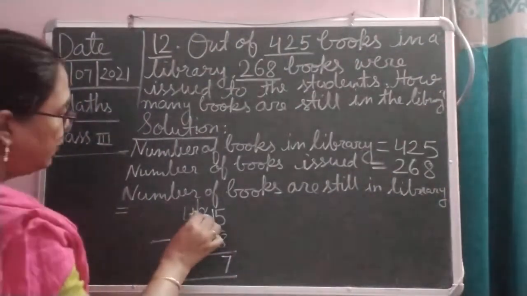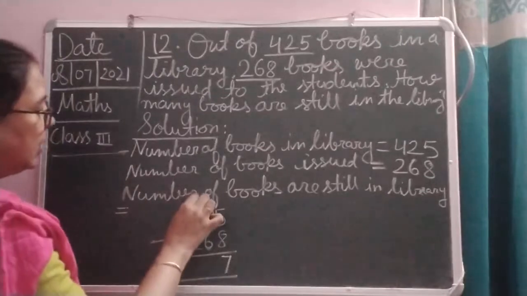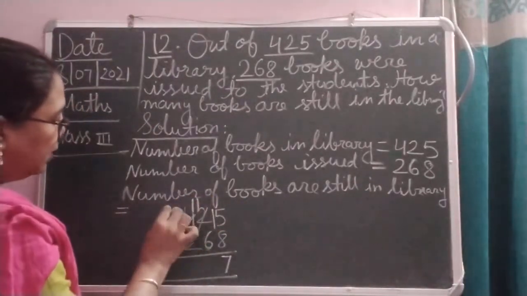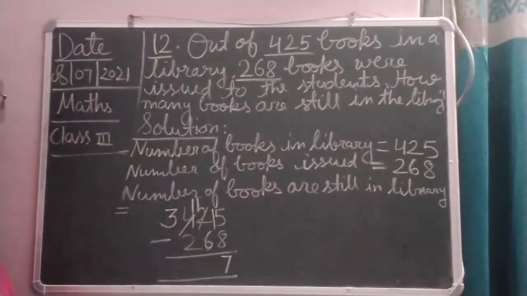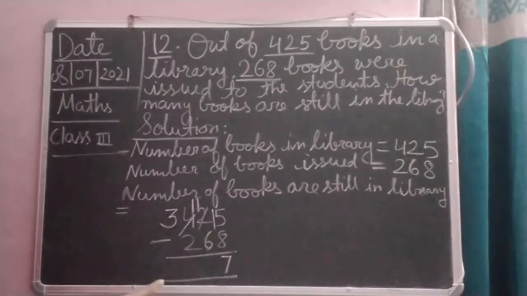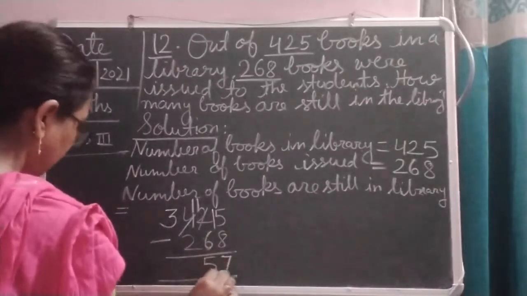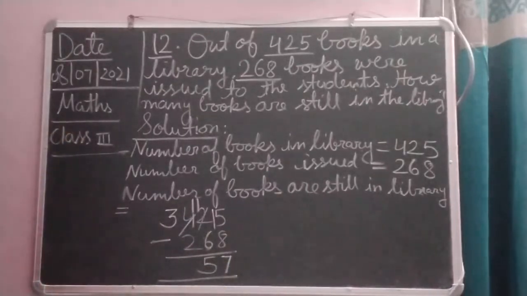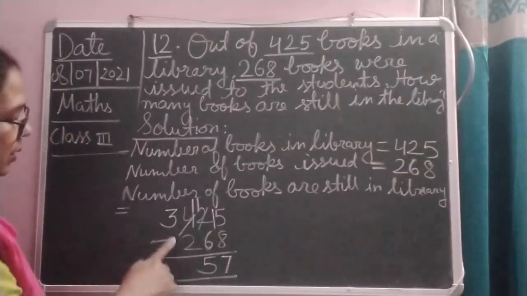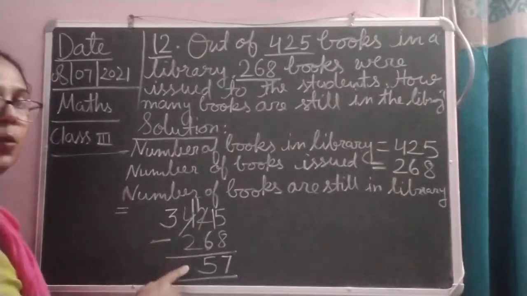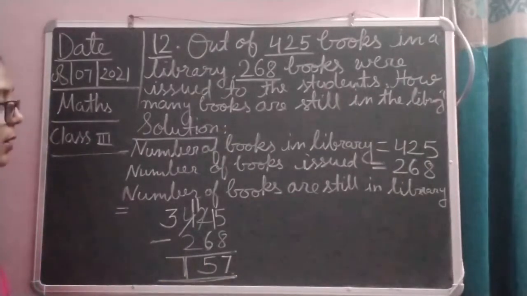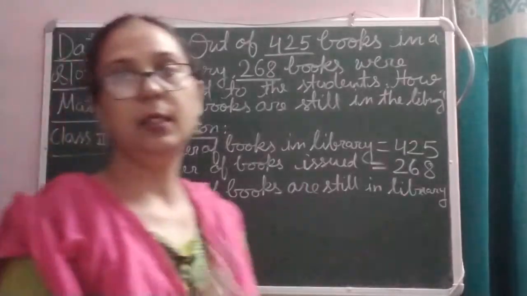We will ask help from 100. So 100 will give 1 and it will become 11. And now here 3 is left, children. 11 minus 6 is 5. And here because 3 is left, 3 minus 2 is 1, children. So total 157 books are still in the library.